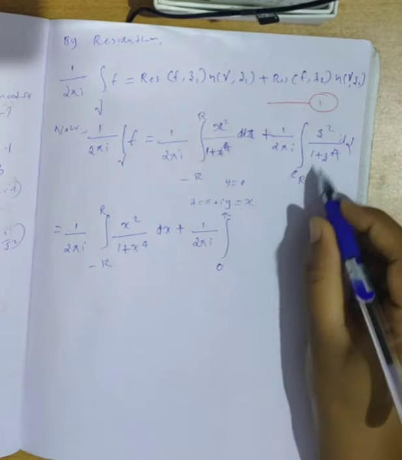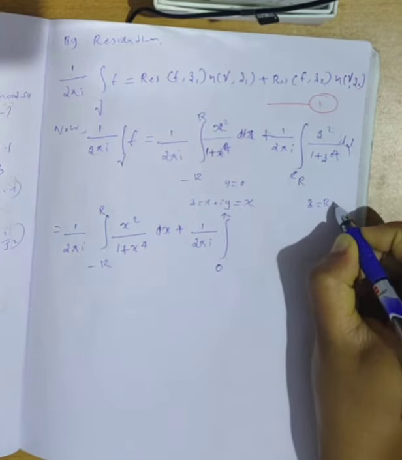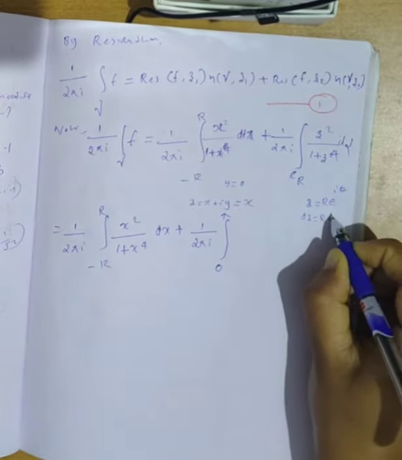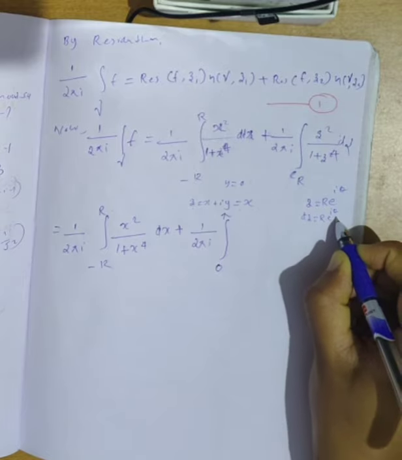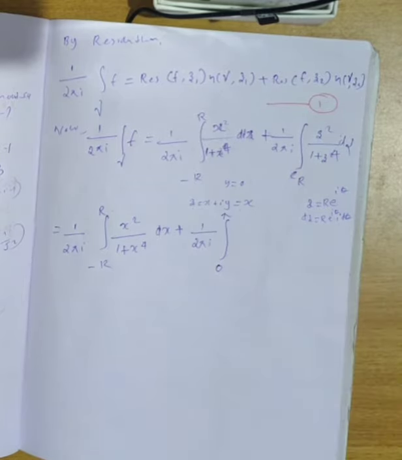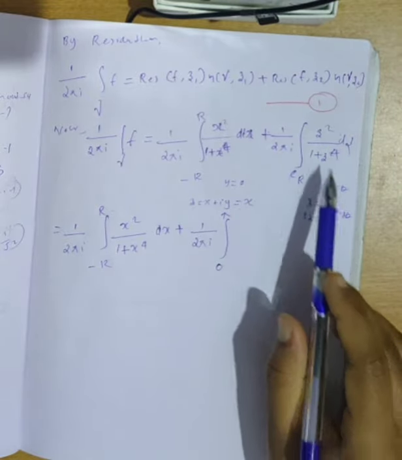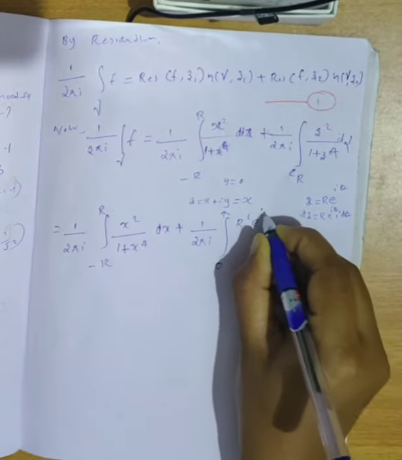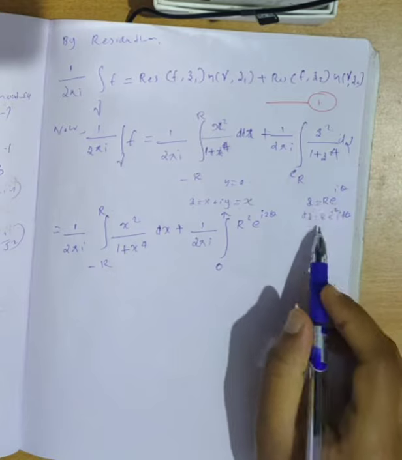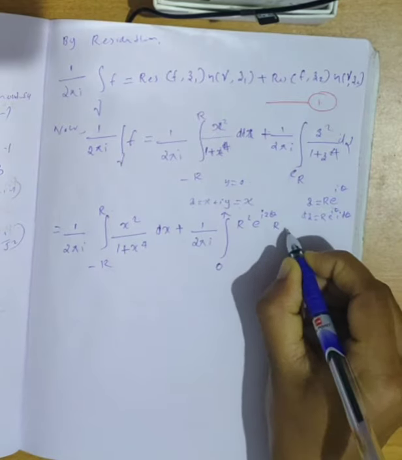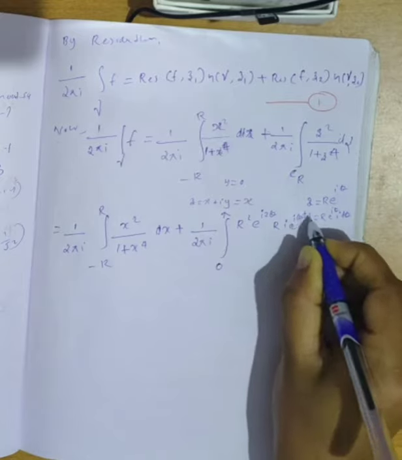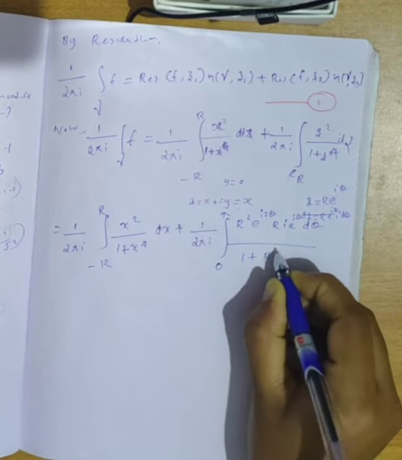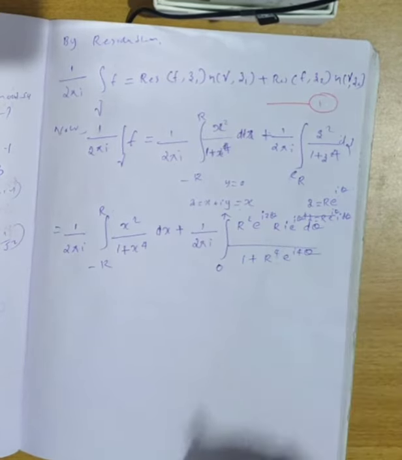We put z equal to r e raised to I theta. Then dz equal to r e raised to I theta I d theta, and z square equal to r square e raised to I 2 theta. And what is our dz? dz equal to r I e raised to I theta d theta, divided by 1 plus r raised to 4 e raised to I 4 theta.